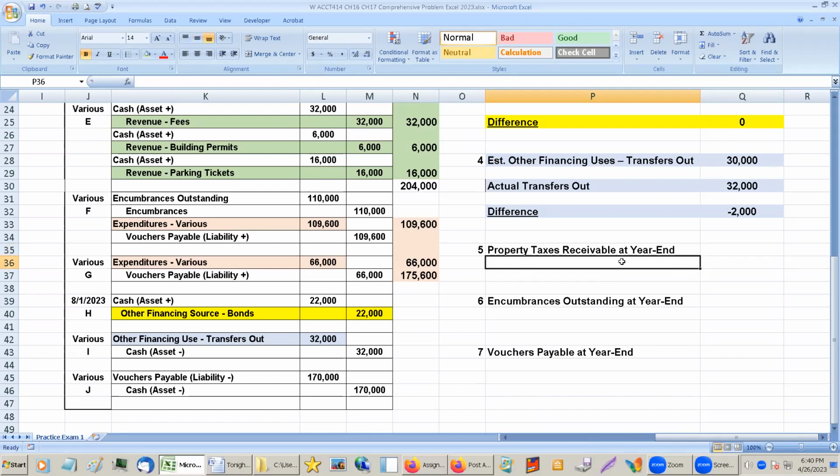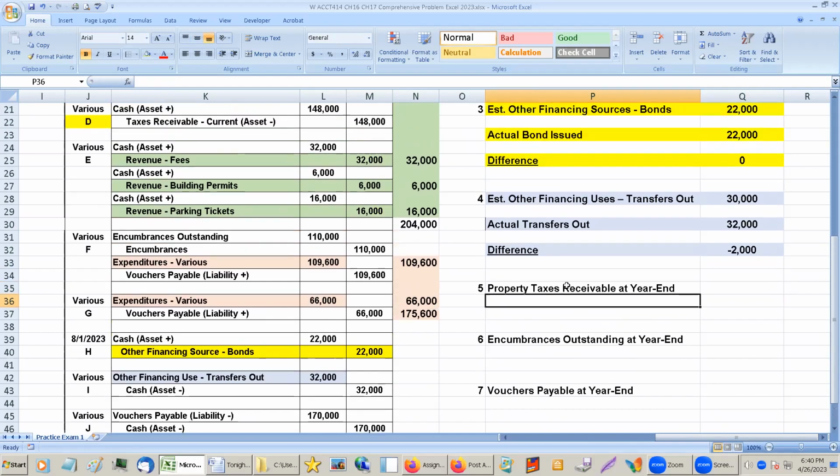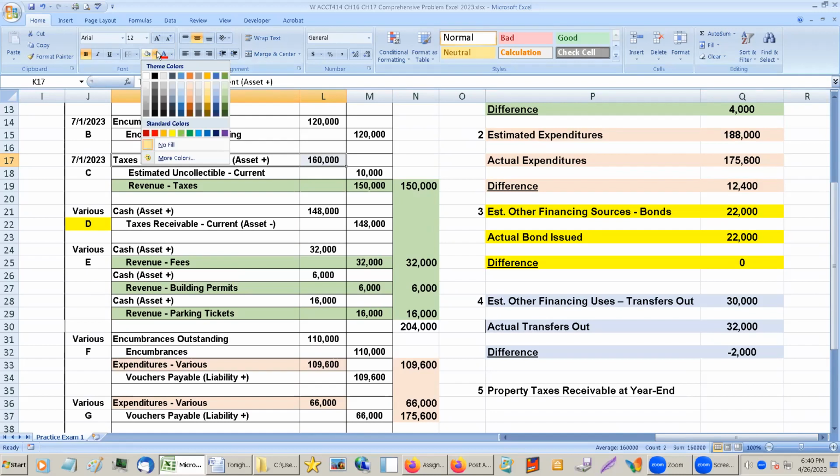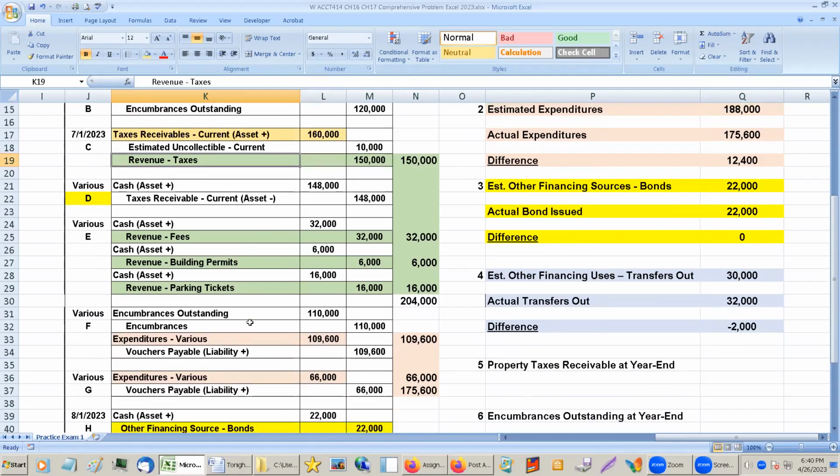Okay, property tax receivable at year end. Is that the 148? Yeah, so we take the 160 that we had on the books. Tax receivable, we had 160 on the books, we collected 148, so whatever the difference is.